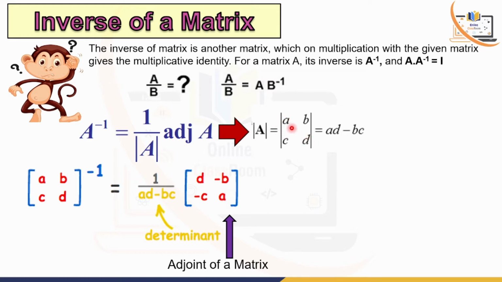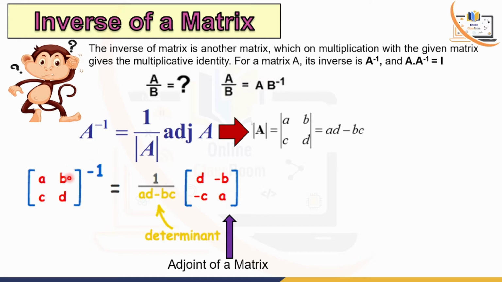We multiply those two numbers, that is AD, and subtract the product of the other two numbers, BC. So ultimately we get determinant of A equal to AD minus BC. If this determinant value is non-zero, then we can easily find the A inverse value.